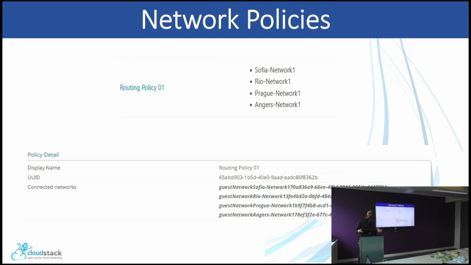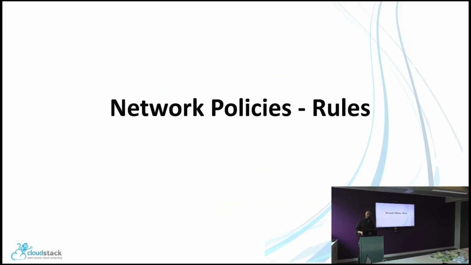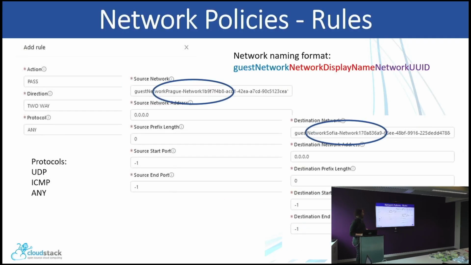So far, the policy doesn't do anything. The policy needs rules to know how to steer the traffic. So next, I will create the rules. I can create rules between source and destination CIDRs or networks. There's a very peculiar naming format there, not very user-friendly, something I expect to change in the future.